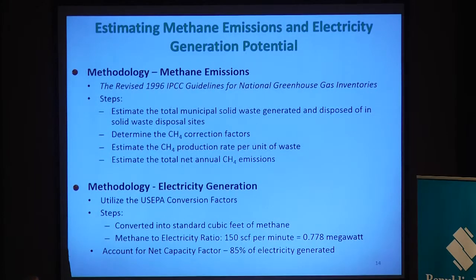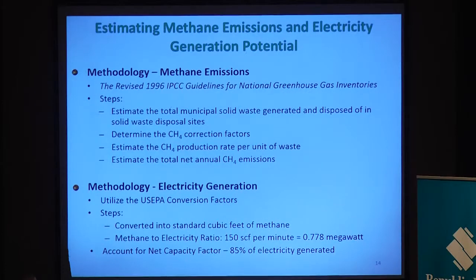In terms of the methodology, for estimating methane emissions, the research uses the IPCC 1996 revised guidelines for estimating greenhouse gases. Basically, there are 4 steps, and the methodology gives a simple enough process to estimate. And in terms of electricity generation, the research uses the United States EPA conversion factors.